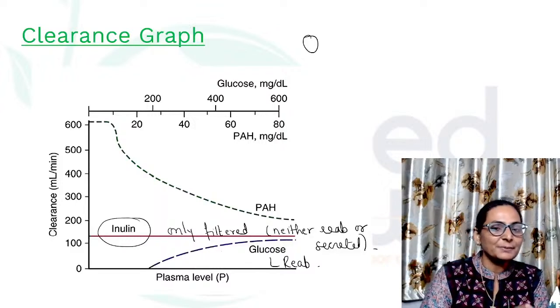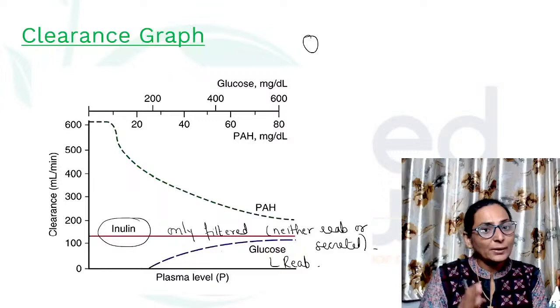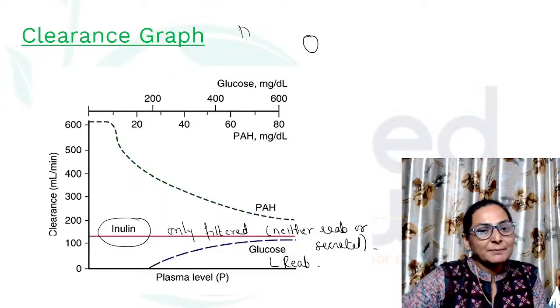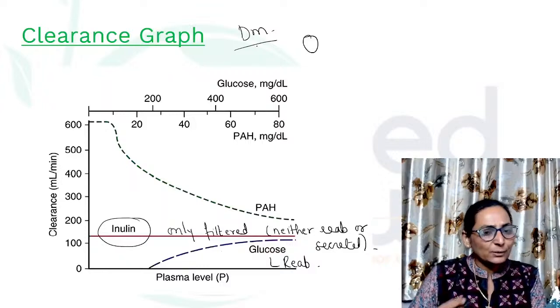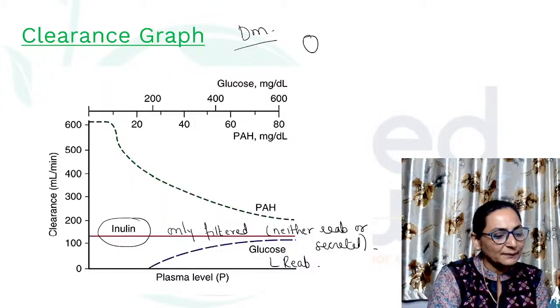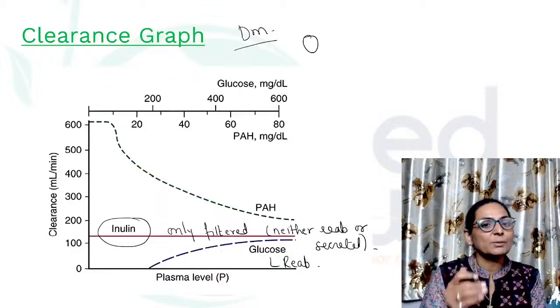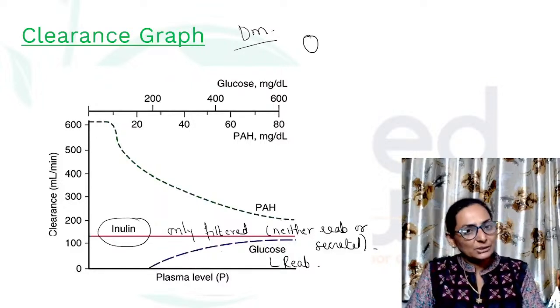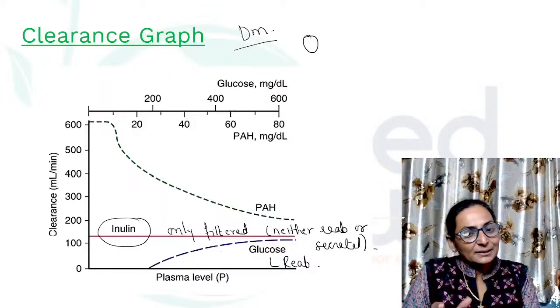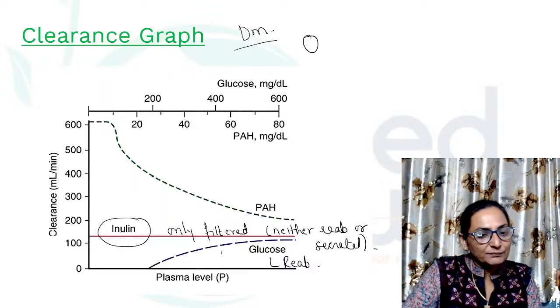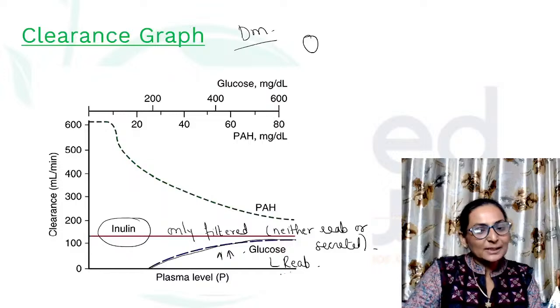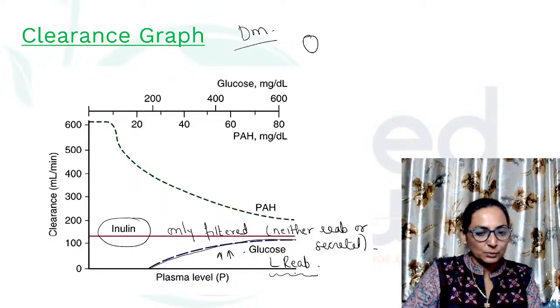So the clearance will be always 0. However, in conditions like diabetes mellitus or glycosuria, when the amount of glucose coming in the urine increases, because now there is decreased reabsorption of glucose due to saturation of the proteins, तो ऐसे conditions में क्या होगा? The clearance of glucose will rise.